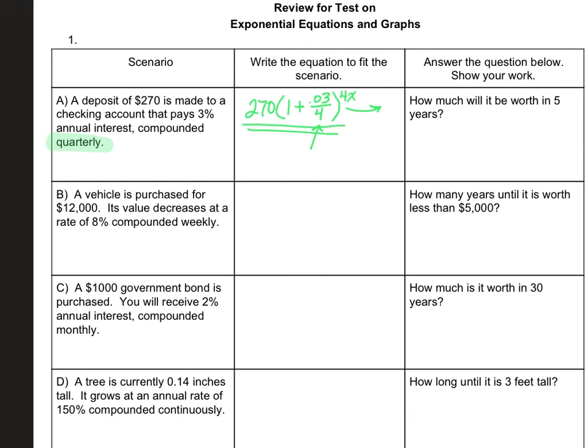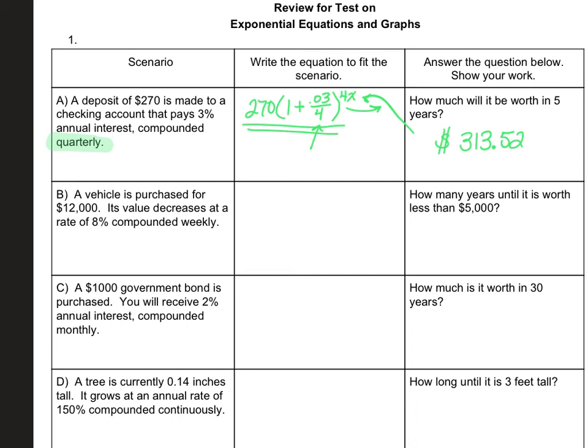Well, in this case, all we would do is substitute in the number 5 for x. Like I said, I've already done some of these things in the calculator, so I'm just going to put the result. And the result would be $313. And since we are talking about money, we would round to the hundredths place, so this rounds up to 52 cents.